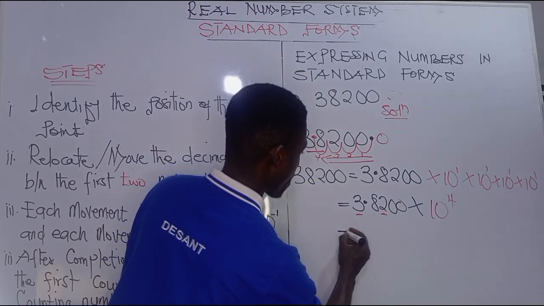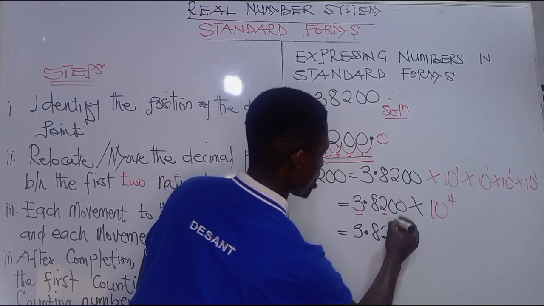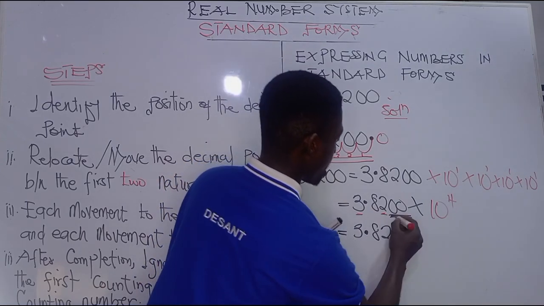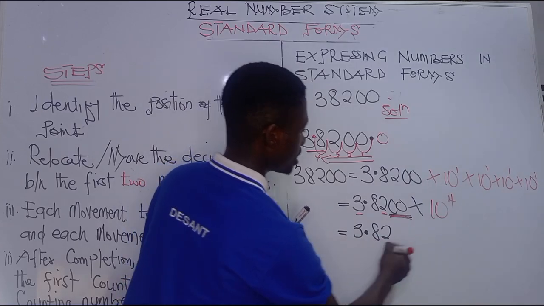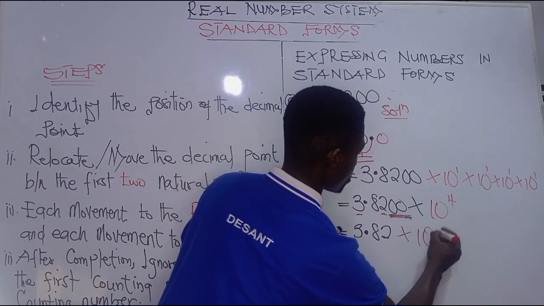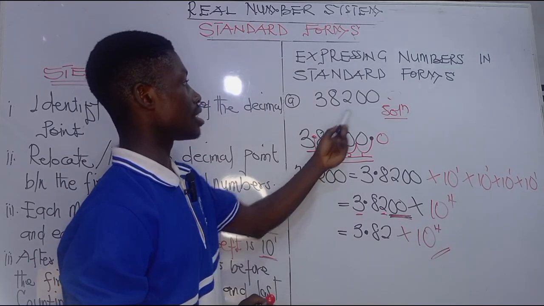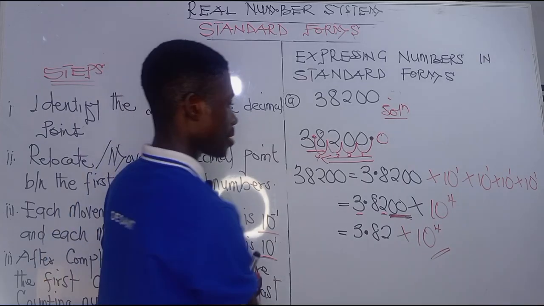So we have 3.82. We are going to ignore these zeros behind the last counting number. So we are going to be left with 3.8 times 10 raised to the power 4. And this is the standard form for this very number. Let's take our next example.